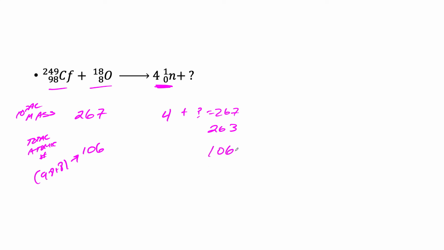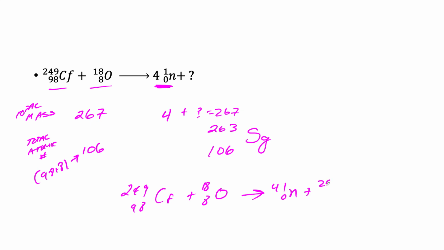So my particle is going to be something 263, and that is Seaborgium, Sg. So that is my answer. Rewriting it: californium 249 (atomic number 98) plus oxygen 18 (atomic number 8) yields 4 neutrons being emitted plus Seaborgium 263. And that's how you solve these things.